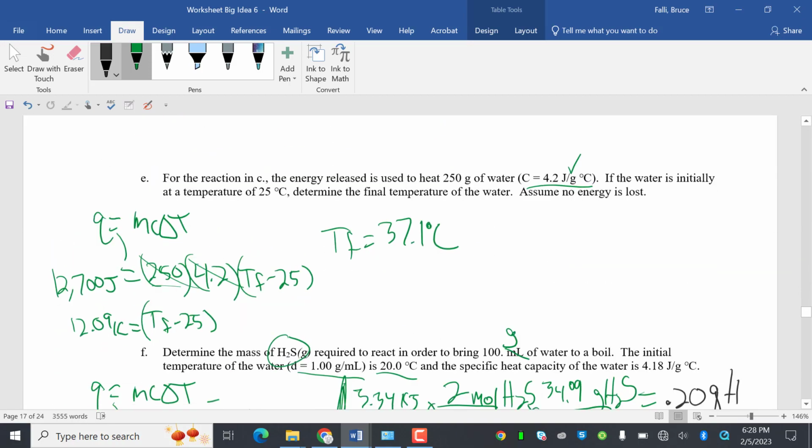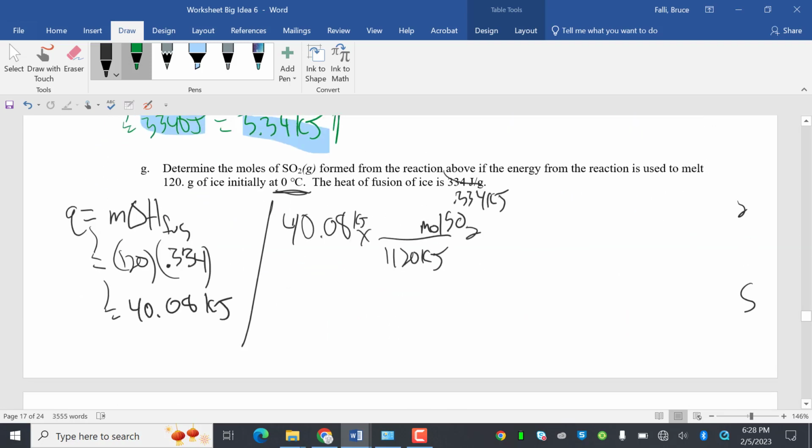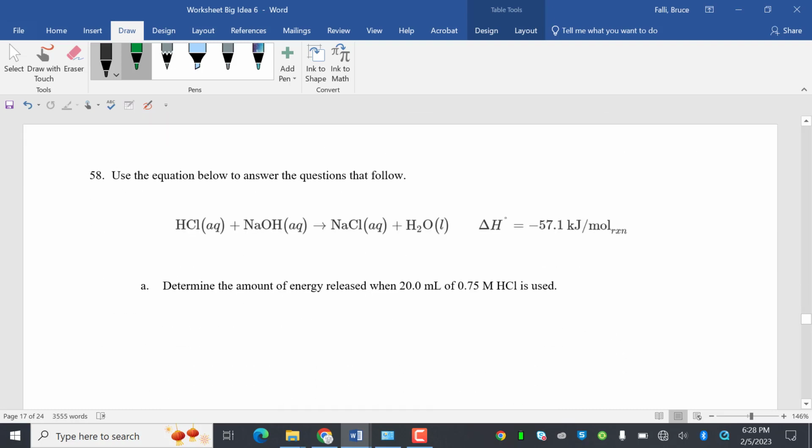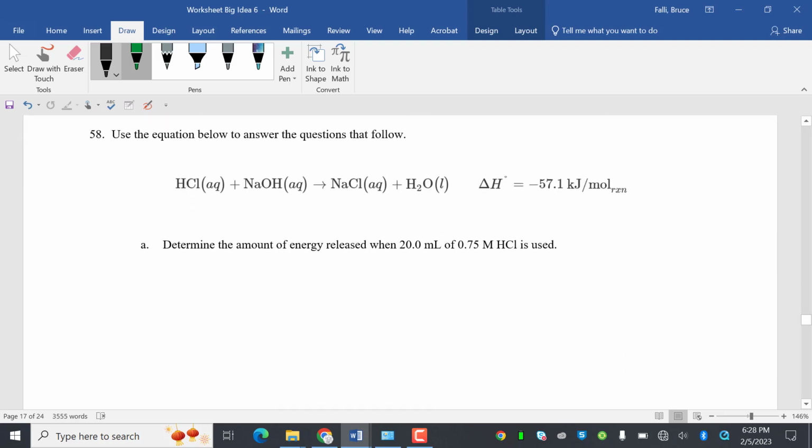There it is, 2 moles of SO2. Oh yeah, it is kilojoules. So here we go: 40.08 times 2 divided by 1120. Again, it's going to be small because I'm dividing by 1120. That's going to be 0.072 moles of SO2. And SO2, of course, smells like rotten eggs.